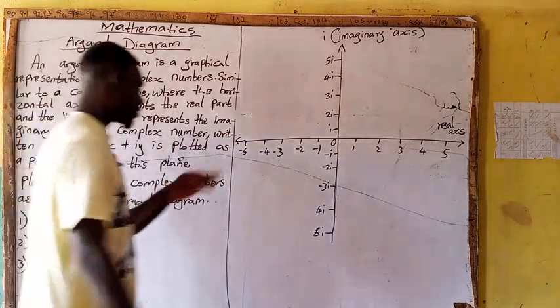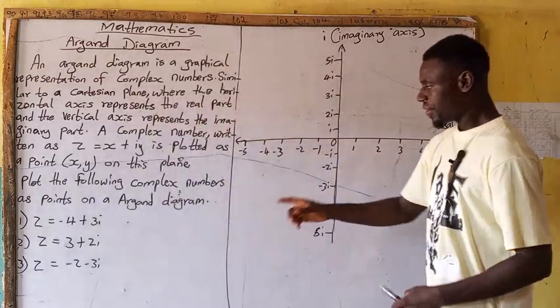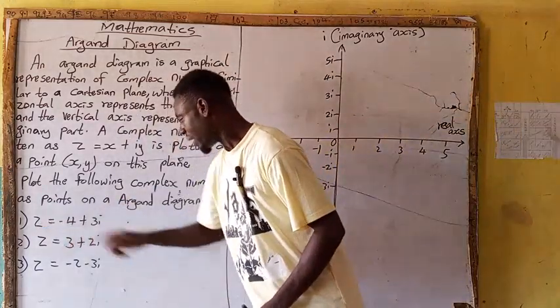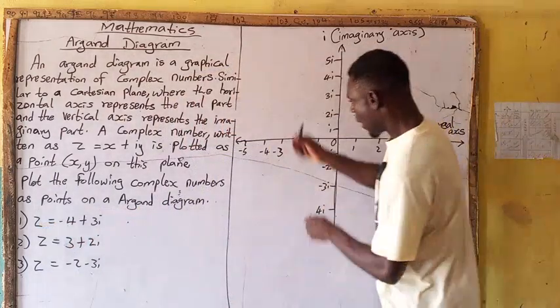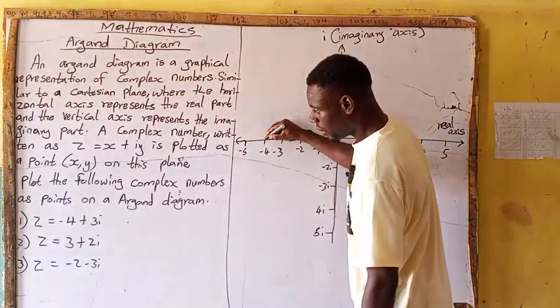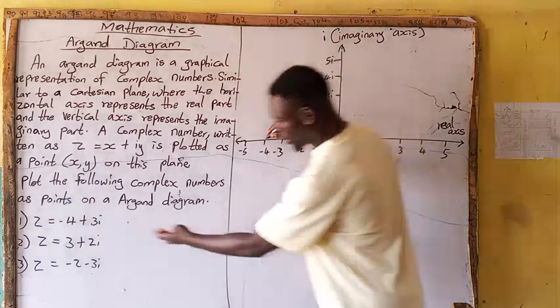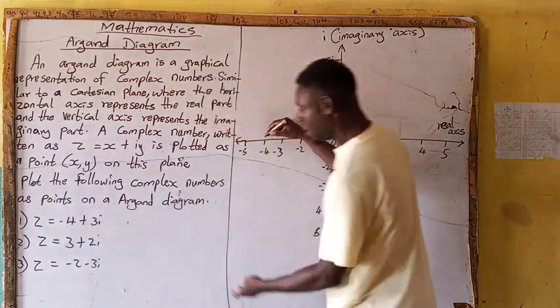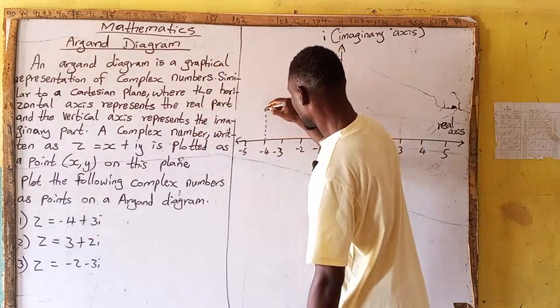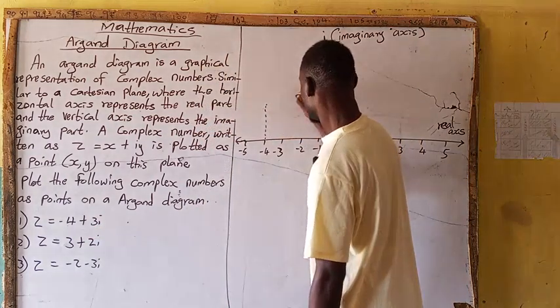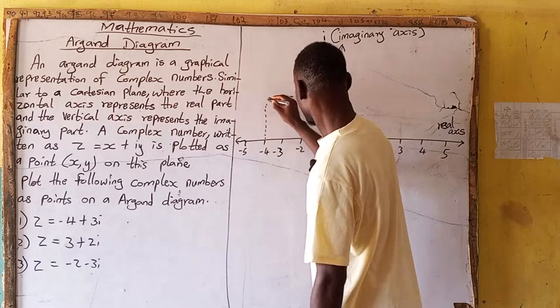Now let's trace. On the real part, for the first one, we have -4. Then we have a positive imaginary number, that means it's going up. So we trace positive imaginary number 3, that is 3i.